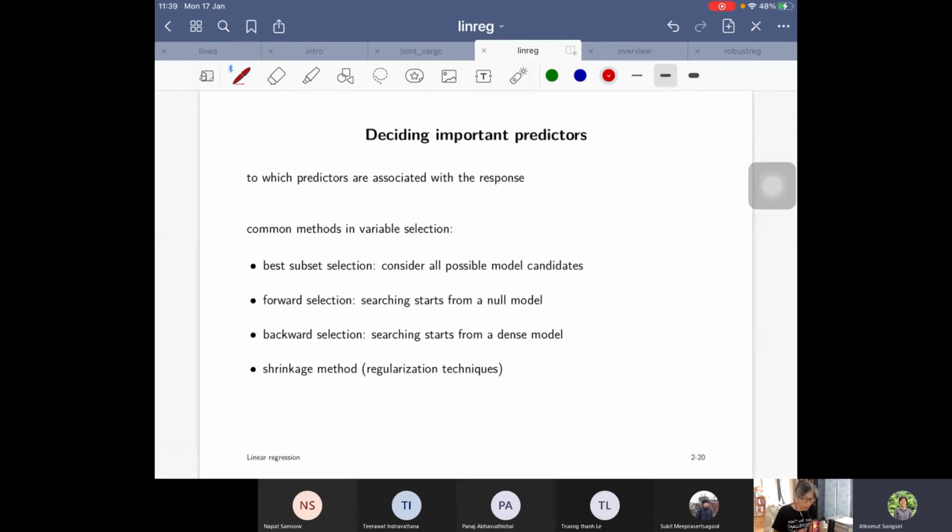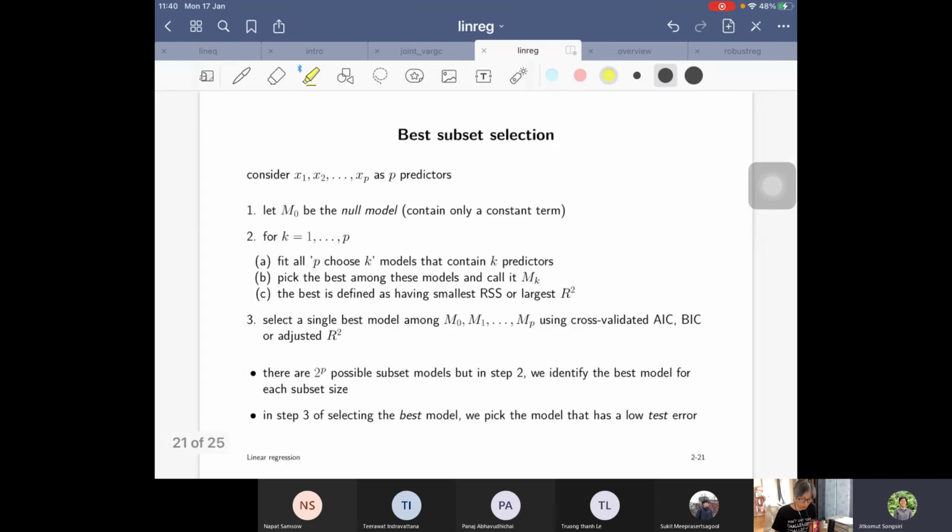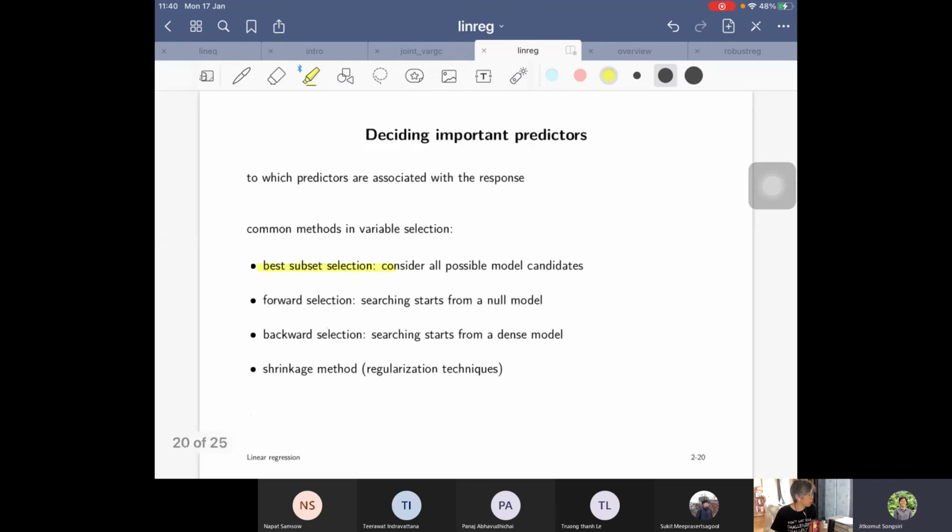We have other methods to discuss: best subset, stepwise regression, or some shrinkage method or regularization technique like lasso. But we wait until we explain the concept of model selection, and then we come back to this topic.